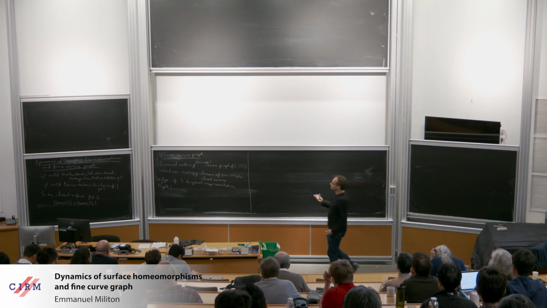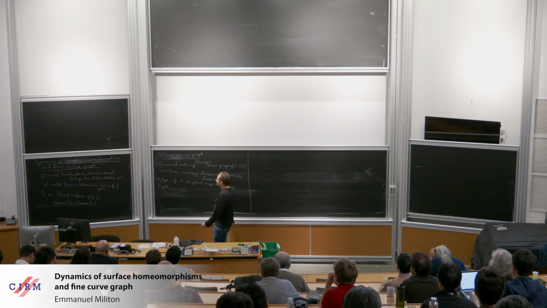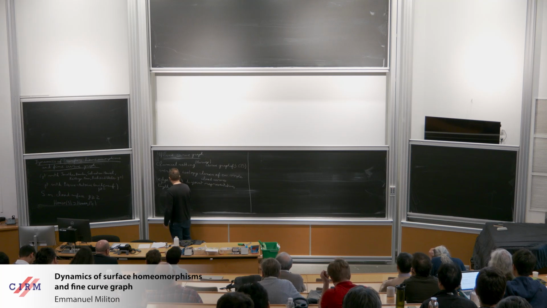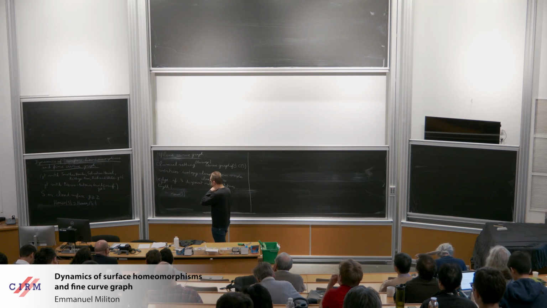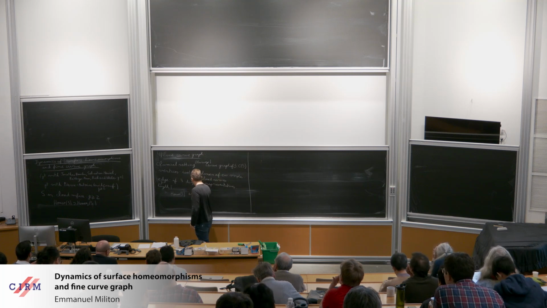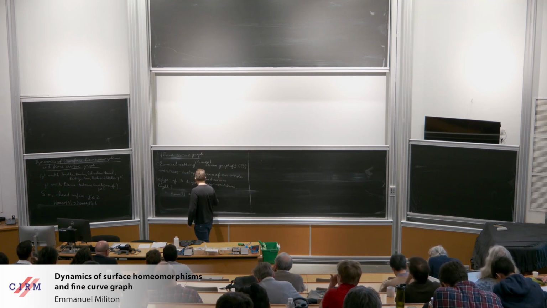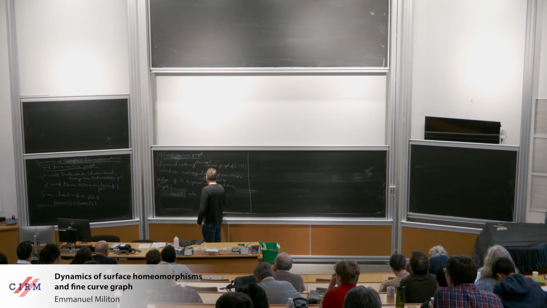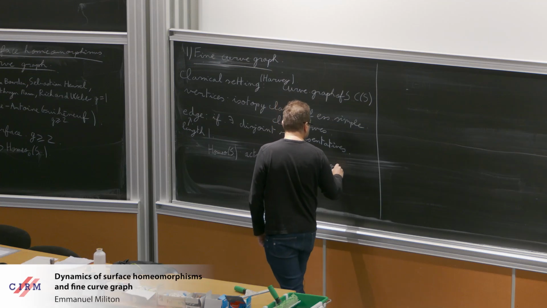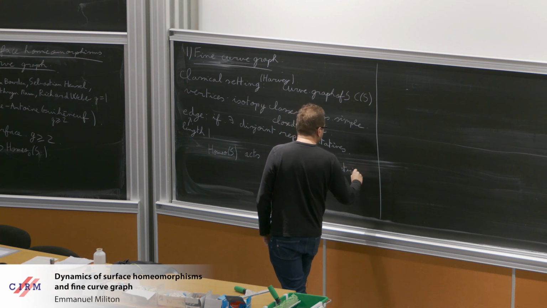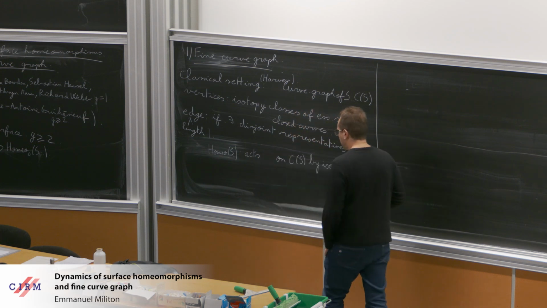It's because on this object you have an action of the group of homeomorphisms of S by isometries. So it gives you another way to see this group.